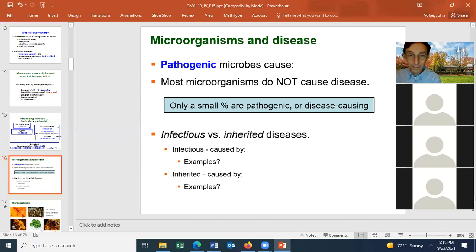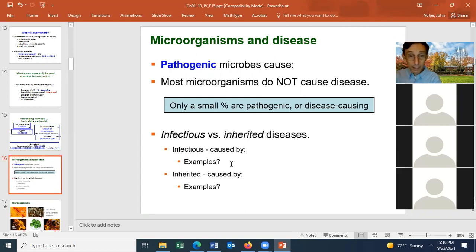Now this you can expect on the quizzes or exams. When we're talking about pathogenic microbes, it's important to talk about infectious versus inherited diseases. An infectious disease is a disease caused by microorganisms. And it's infectious because it can spread from one individual to another.